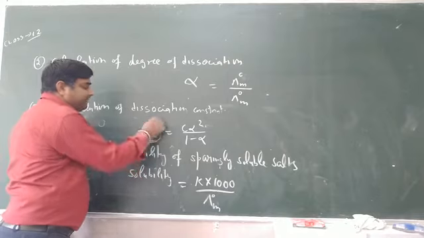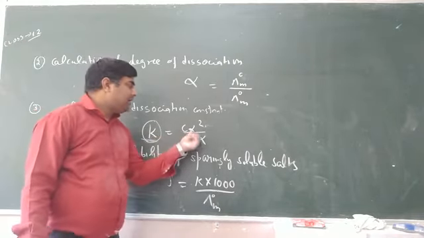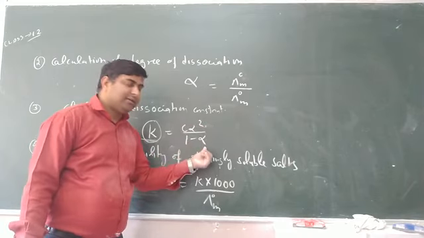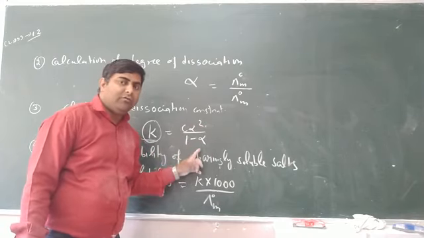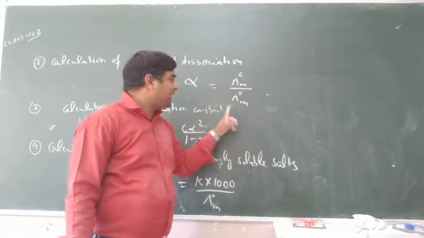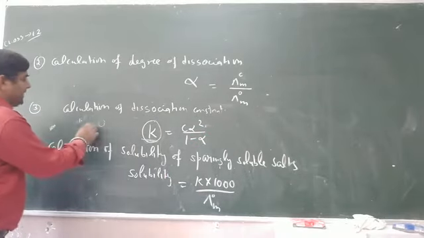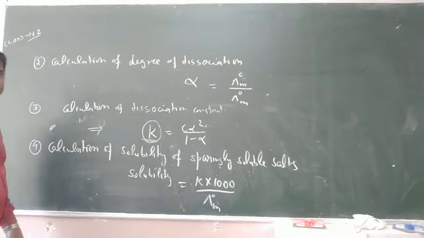K is equal to C alpha square upon 1 minus alpha, where alpha is lambda mc divided by lambda m0. So K can be calculated easily.